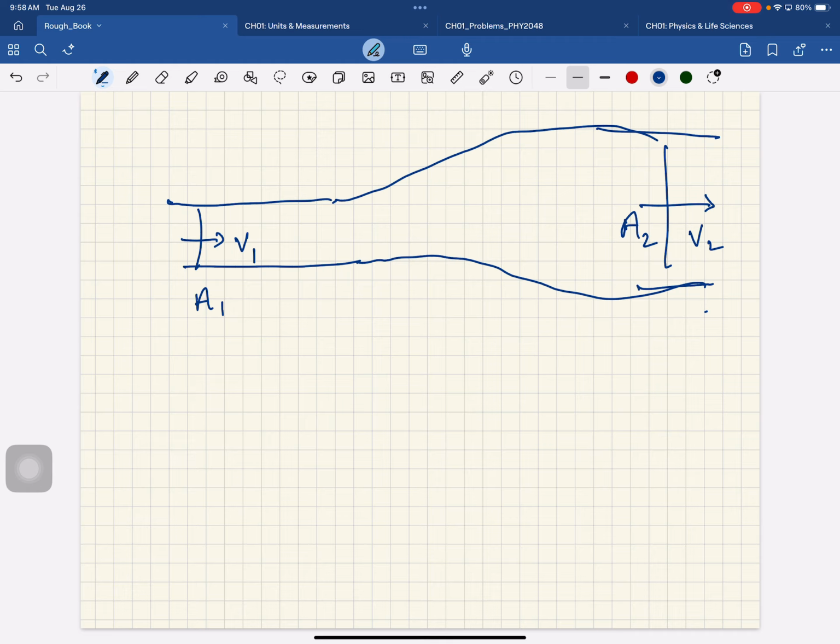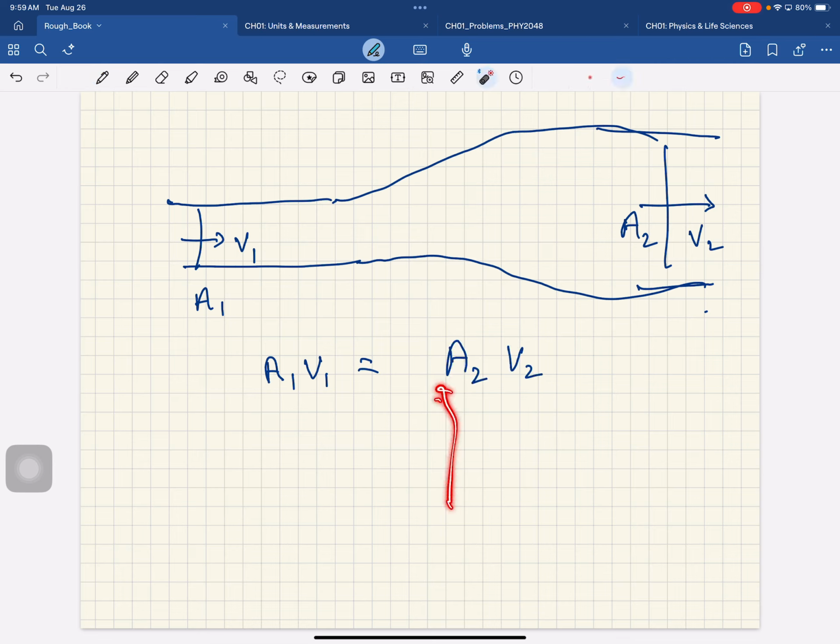Flow rate, how many gallons a minute of fluid are flowing, is A1, the area of cross section, times the velocity of the fluid. And if this pipe has no leaks, what is flowing in is flowing out.